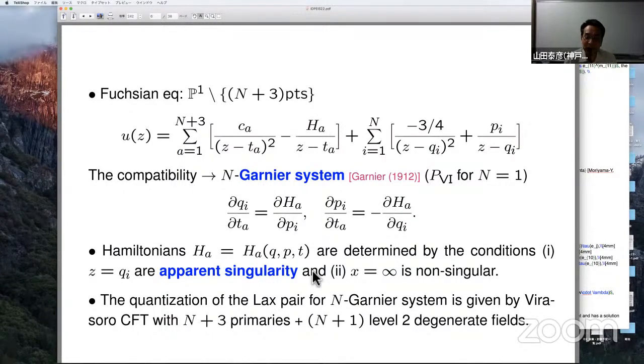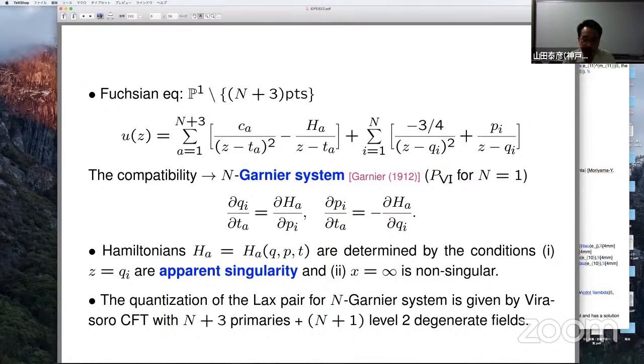And in the conformal field theory, the first condition says that the point z equal q corresponds to the level 2 degenerate field, and the second condition gives the SL2 invariance.